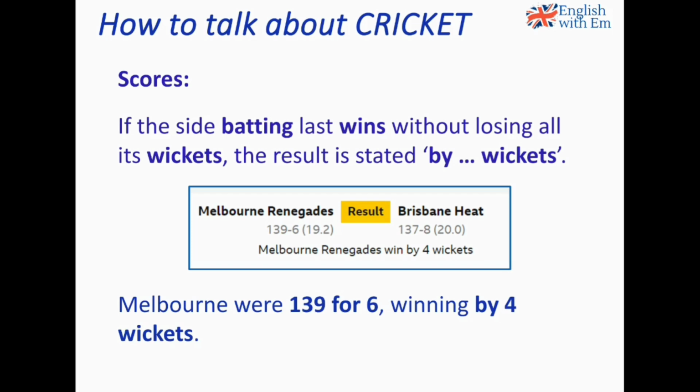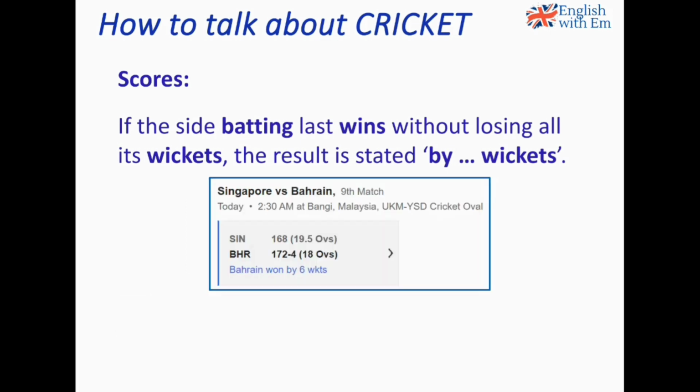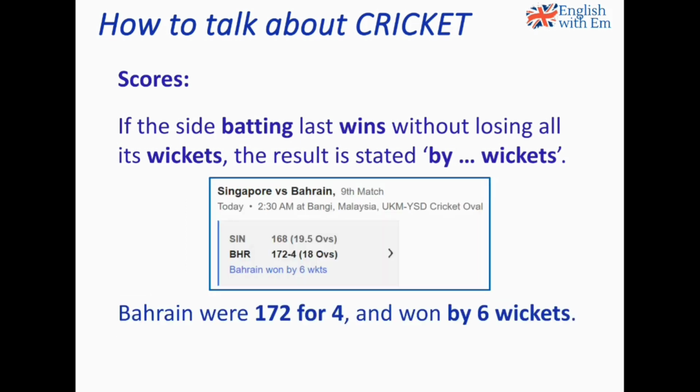Melbourne were 139 for 6, winning by 4 wickets. So remember, 139 runs, but they lost 6 wickets, and they won by 4, which means they had 4 wickets remaining. Let's see another one.